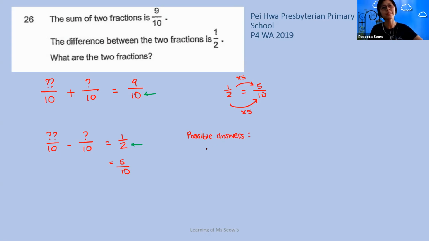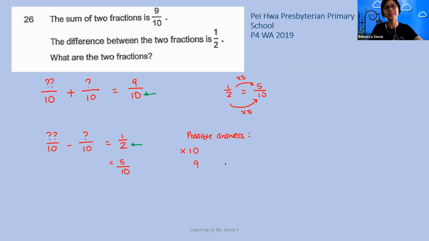So if the numerator of the first fraction is say 10, we can't possibly work out anything that amounts to the second fraction. So 10 is definitely out. Okay, so how about 9?